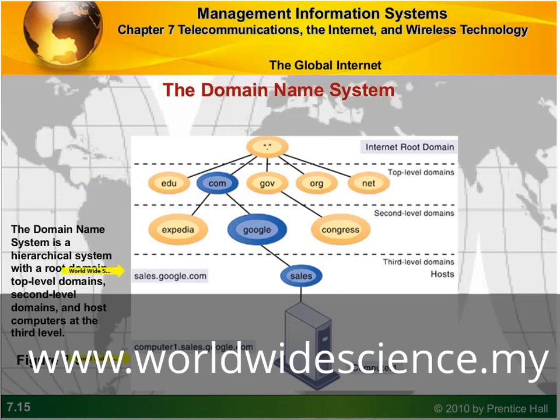Finally, we can even have computer1.sales.google.com. It means this computer is from the sales department of Google, which is a .com website from the root. This is the domain name system.